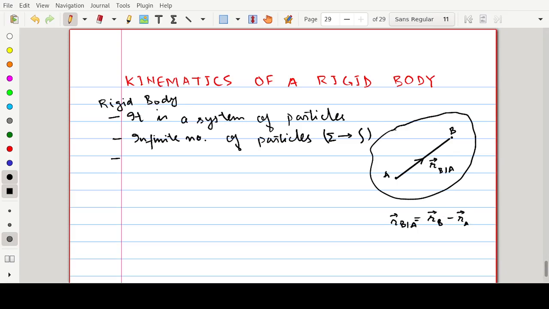Now for a rigid body, the most important defining characteristic is that the magnitude of this vector RB slash A is constant.